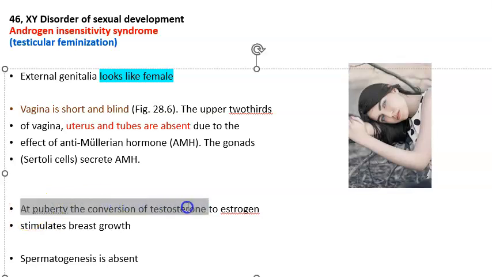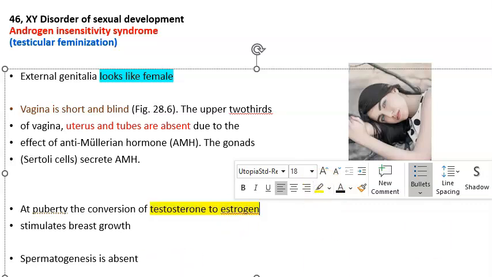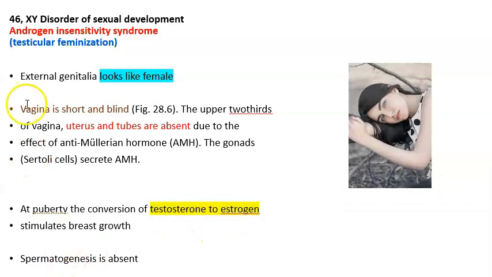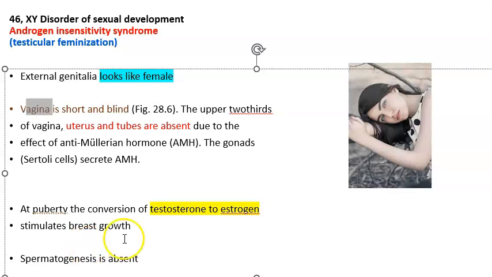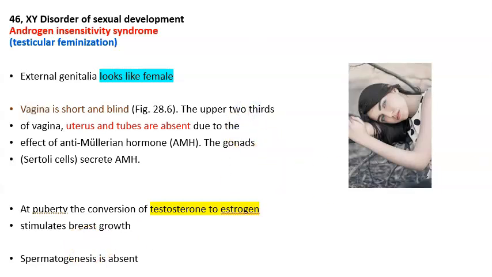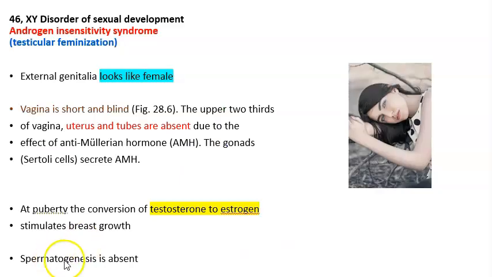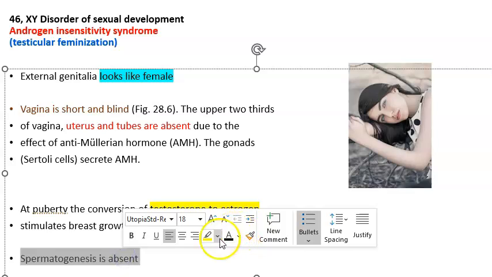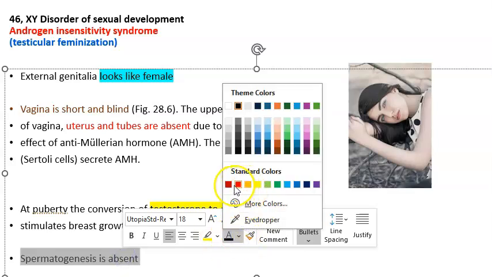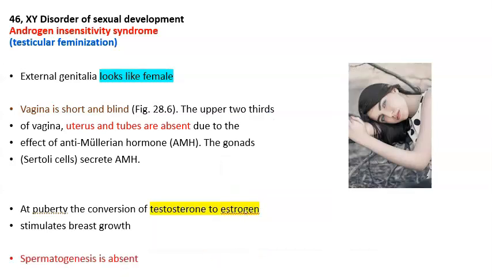At puberty, the conversion of testosterone to estrogen stimulates breast growth. Okay. So this person has a vagina, but does not have female reproductive organs. Okay. No spermatogenesis also in this person. No spermatogenesis, not making sperms.